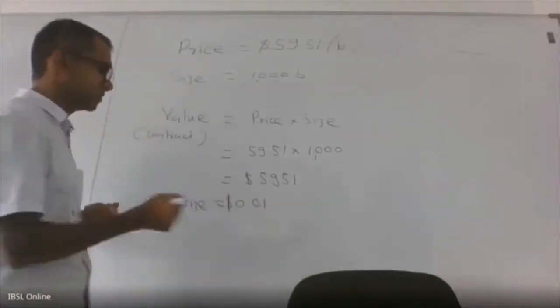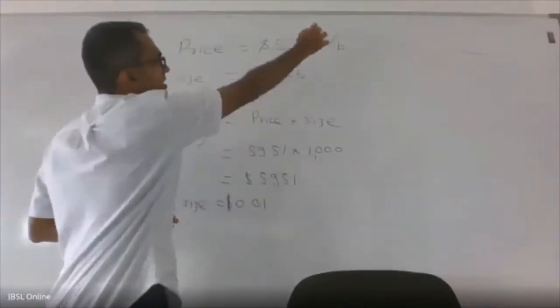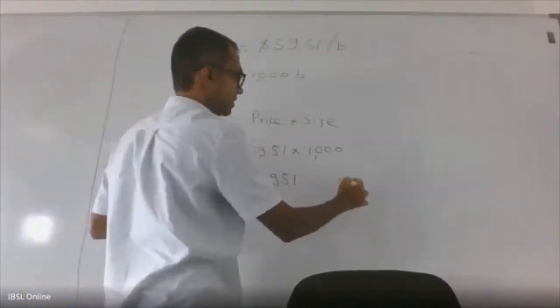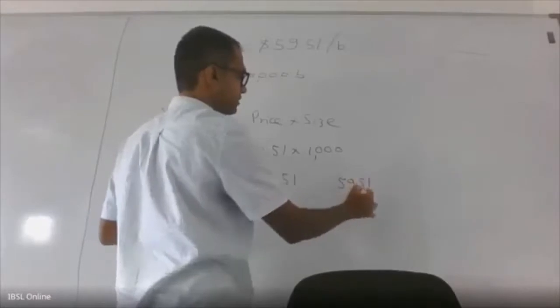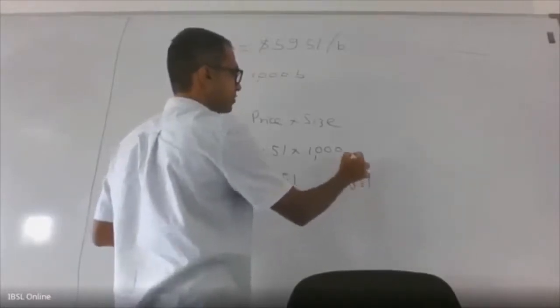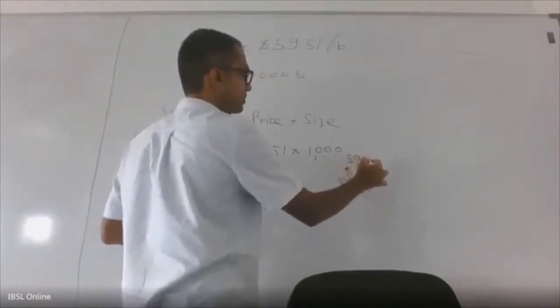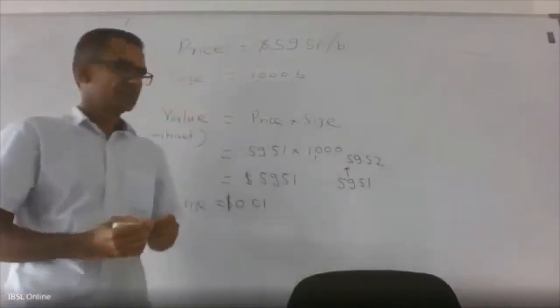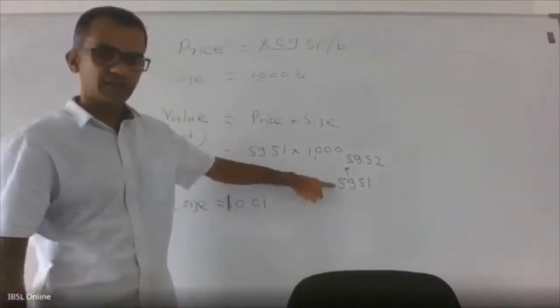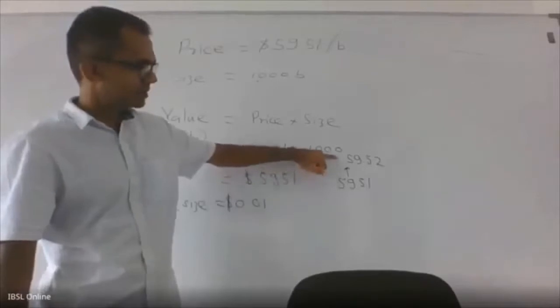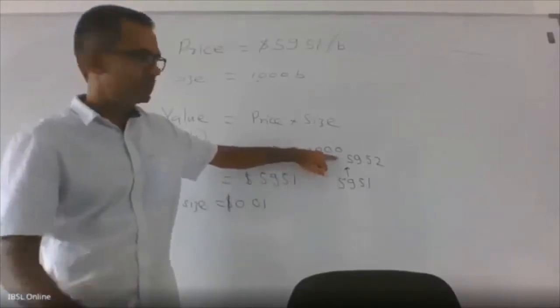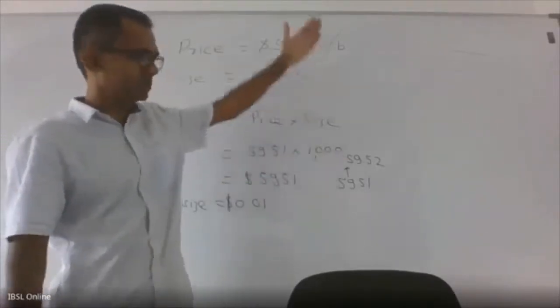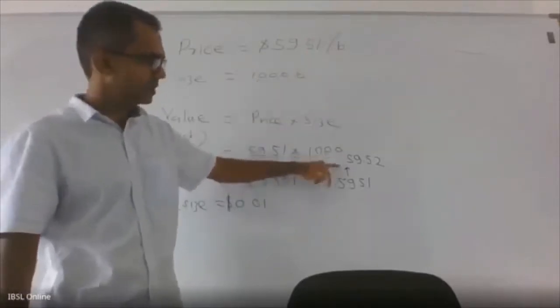You cannot change the price in the third decimal place. So from 59.51, if price goes up, the next level minimum would be 59.52. It can be more than that, but cannot be in between.